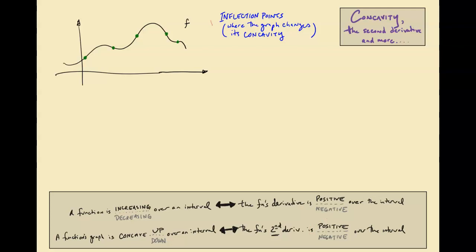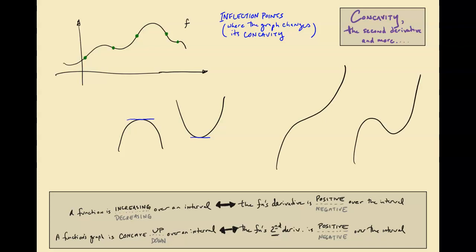Which means that if we want to look for inflection points analytically, what we want to do is look at the second derivative of a function and see where that second derivative is 0. And just as second-degree polynomials all have one place where the first derivative is equal to 0, corresponding to the vertex of the parabola, third-degree polynomials, whose graphs look something like this, or sometimes they have bumps in them, and of course they can go the opposite directions as well, like that.